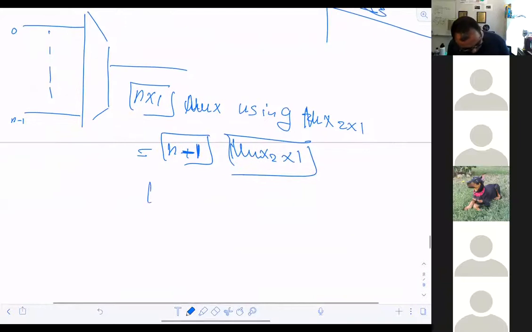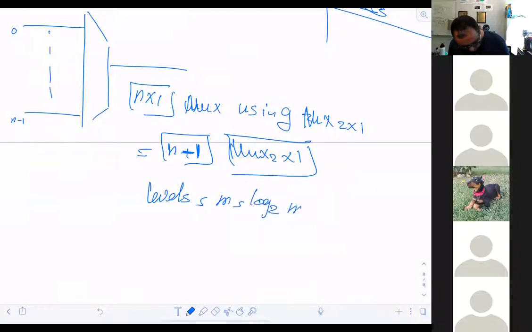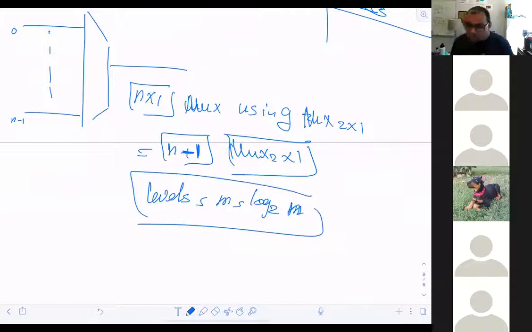With how many levels? Equal to m, which is the log 2 of n. Does it make sense?